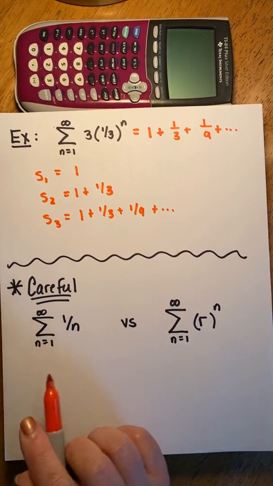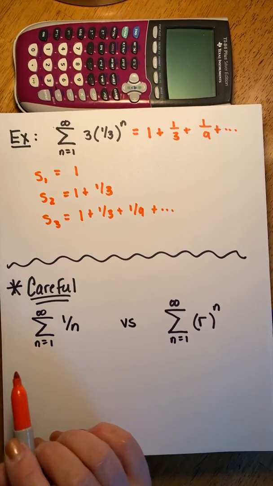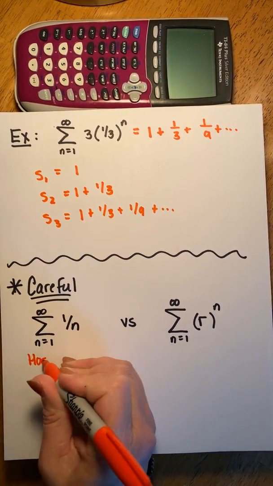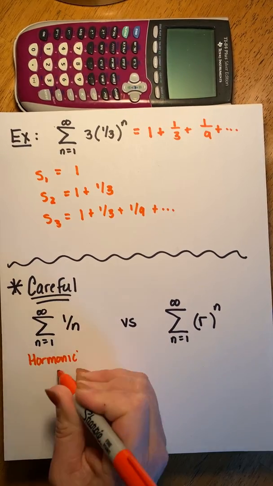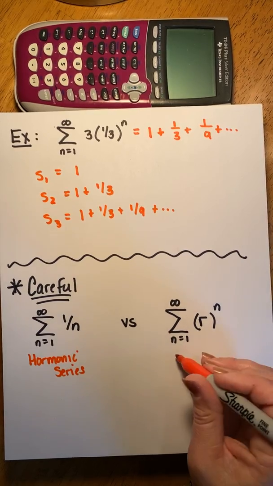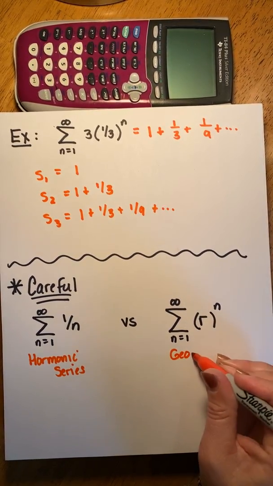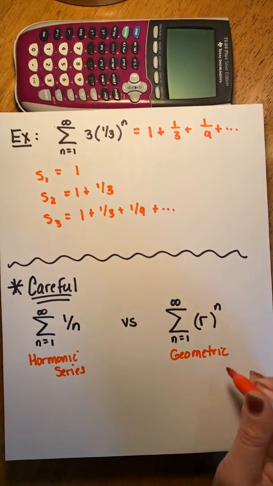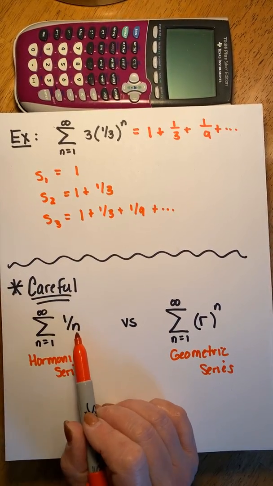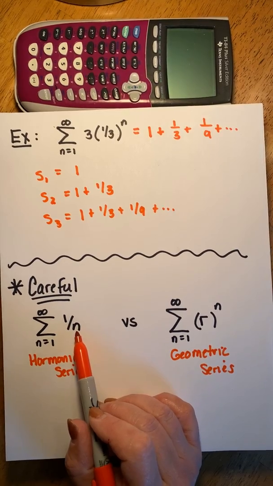Just a note, be careful of the difference between the harmonic series and the geometric series. In the harmonic series, the numerical value in the denominator is what's changing.